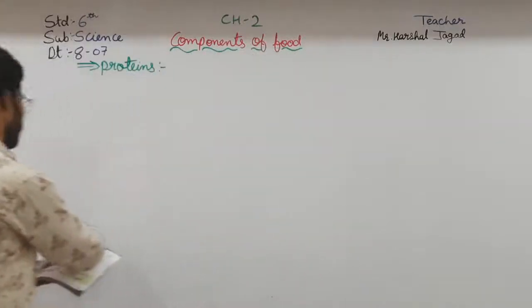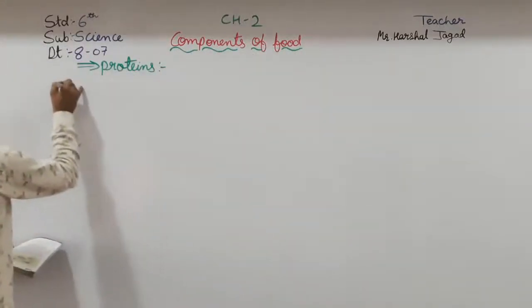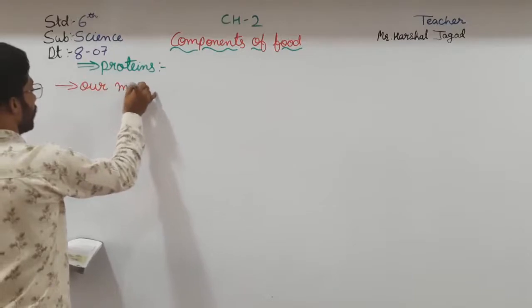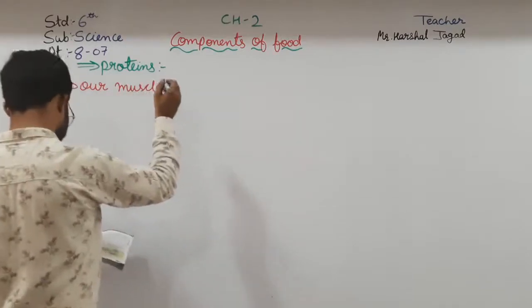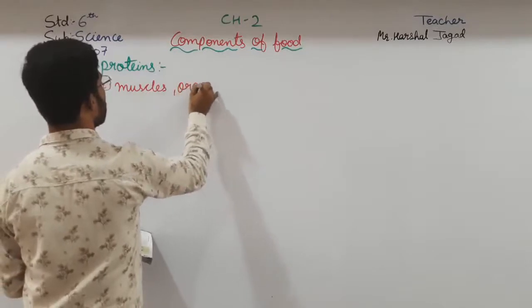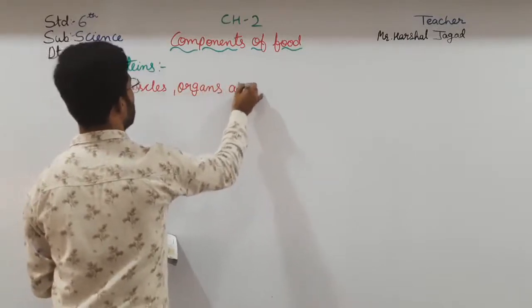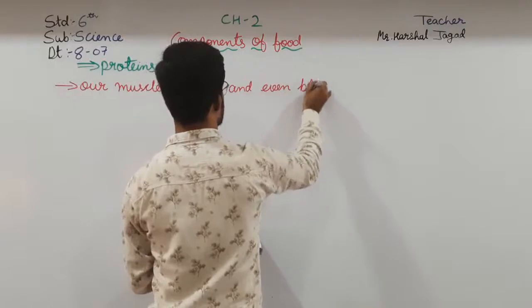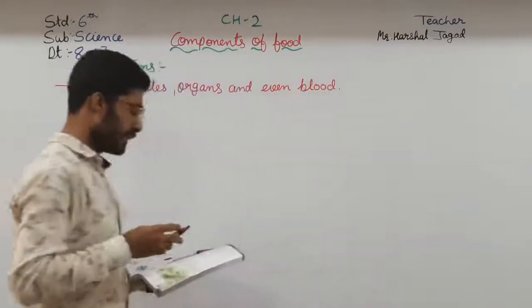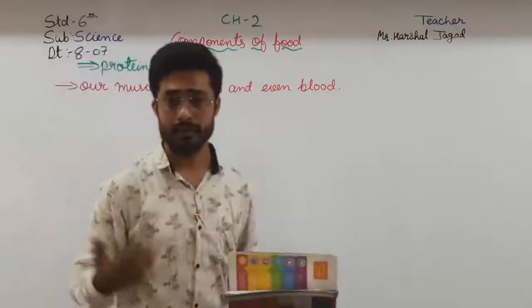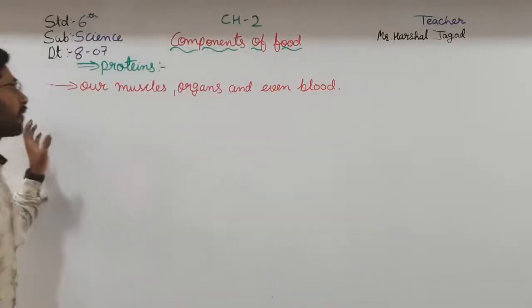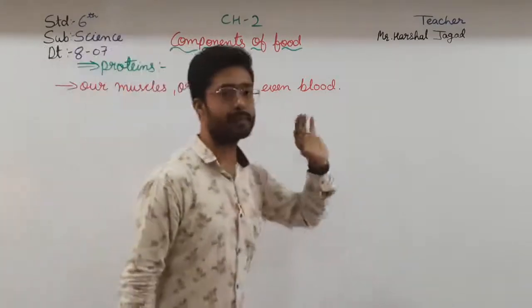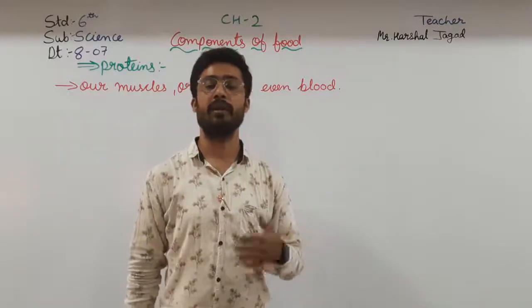You have to write that our muscles, organs and even blood are made of proteins and also other things. If this question is asked, we have to write this.